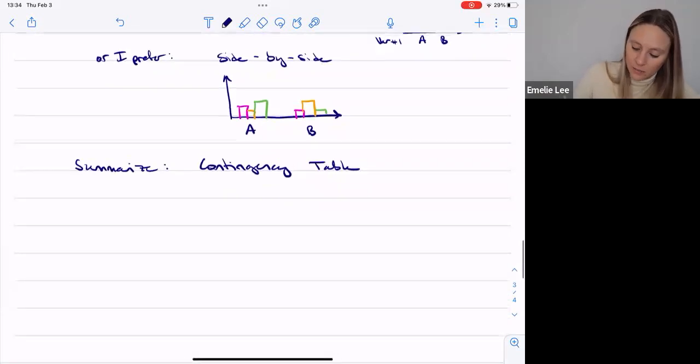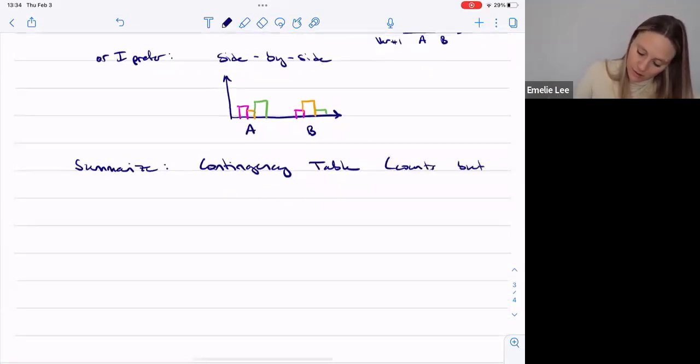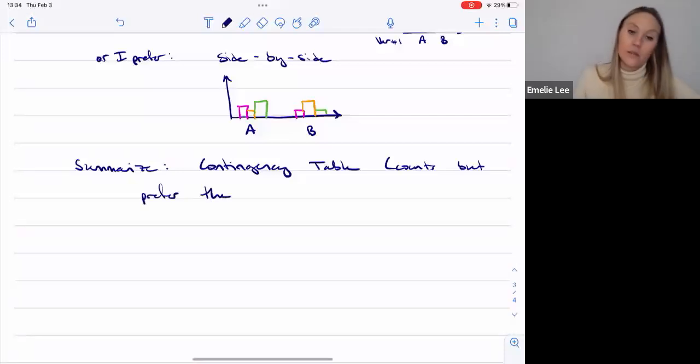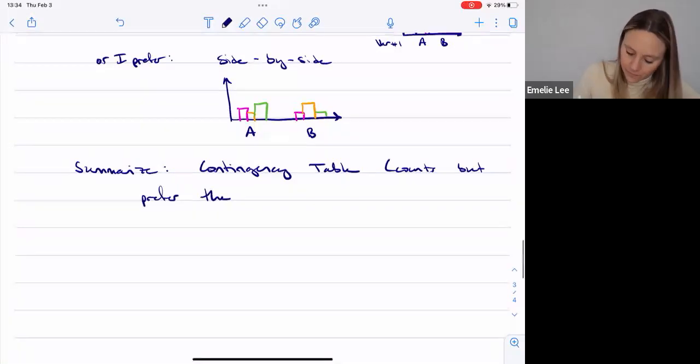Right, and it can either be of the counts, or the proportions.